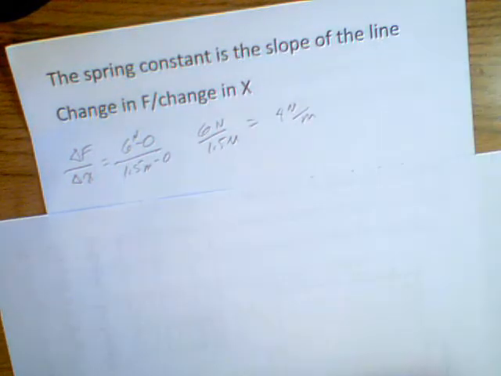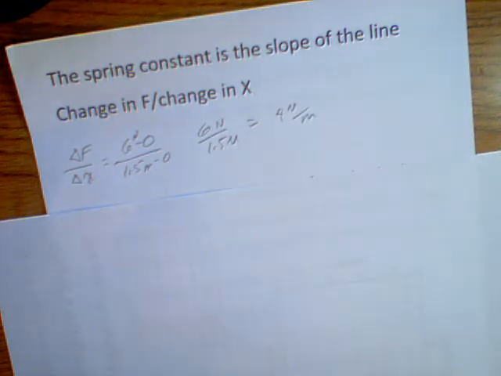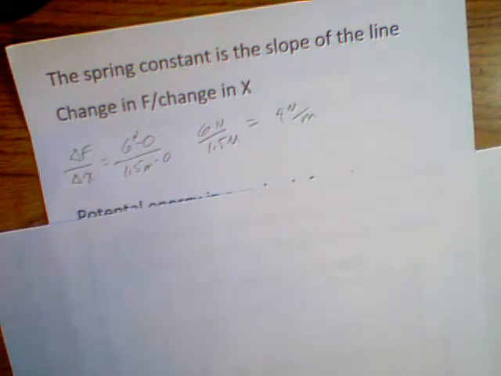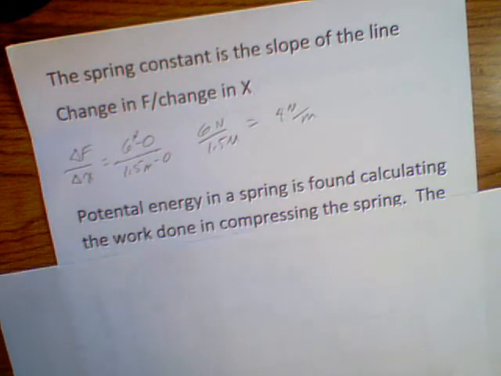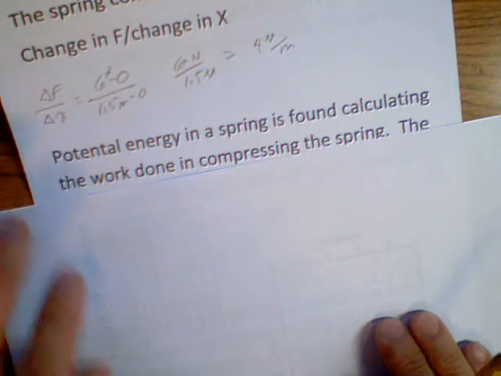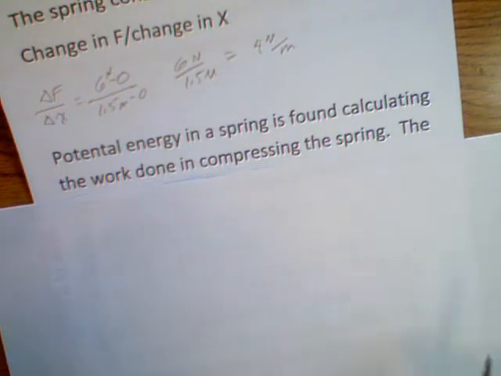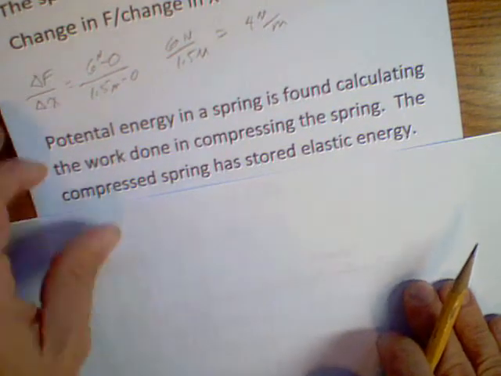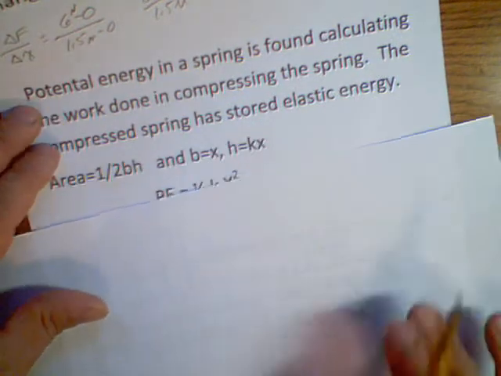As you can imagine, every spring has a constant because not all springs have the same resistance. The bigger the constant, the harder the resistance, the harder it is to compress the spring. You have to find out what that is before you can determine the force. The potential energy in the spring is found in calculating the work done in compressing the spring. The compressed spring has stored elastic energy.